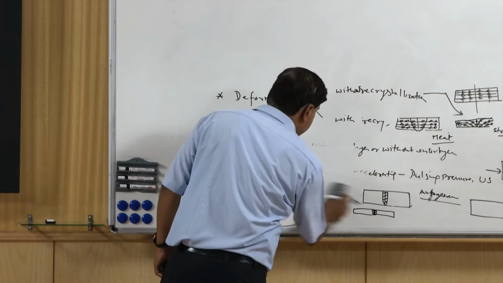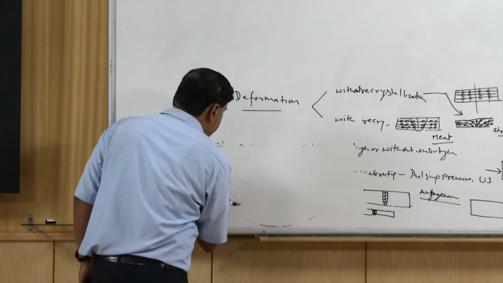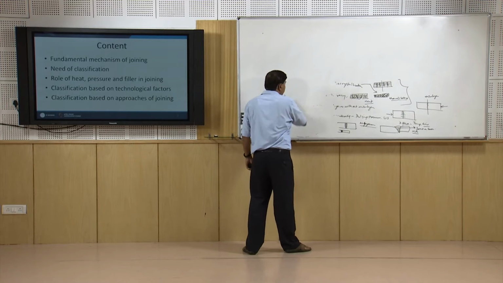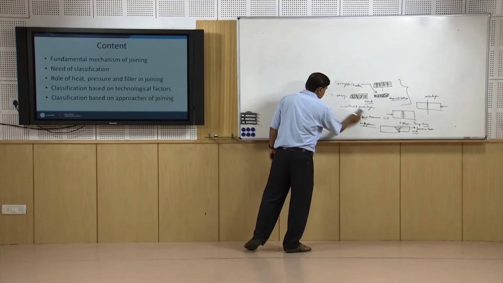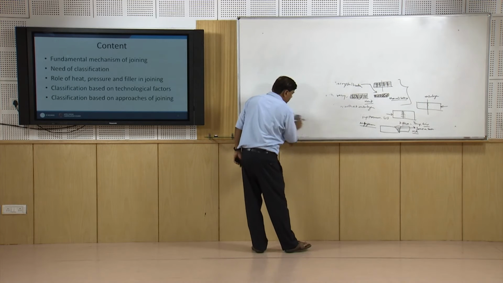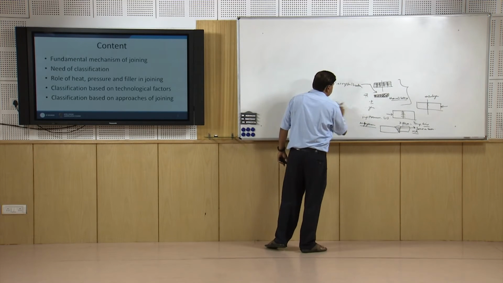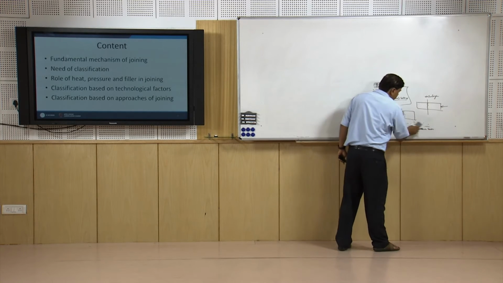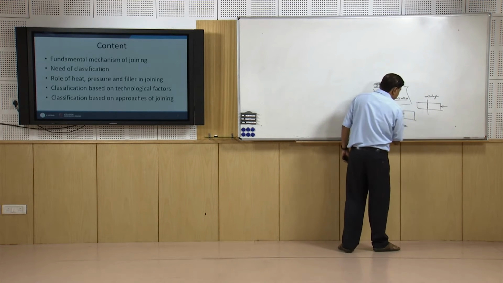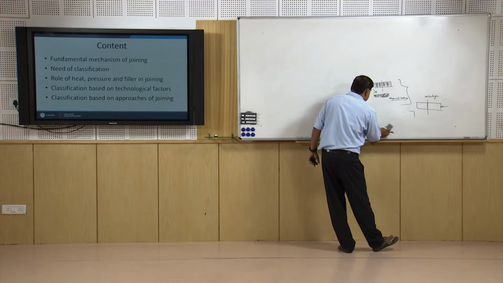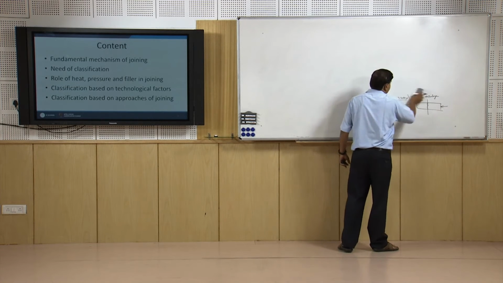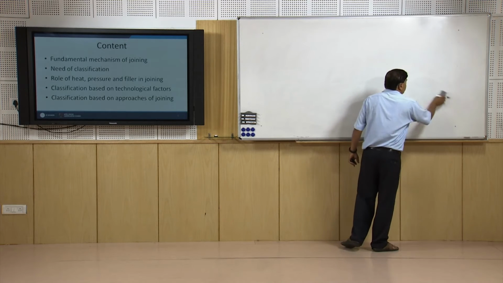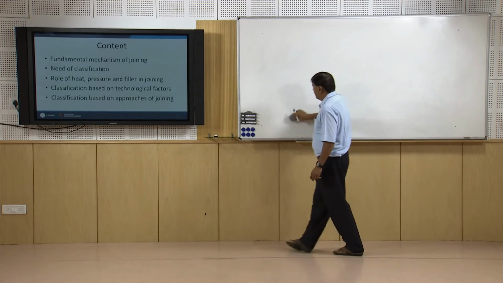So these are the fundamental mechanisms. If you see here, these three mechanisms will be using either heat or pressure or both. The different joining processes will be using one of these three mechanisms for developing the joints.